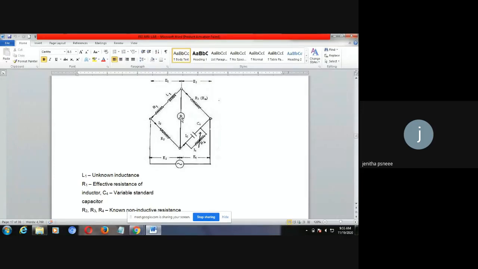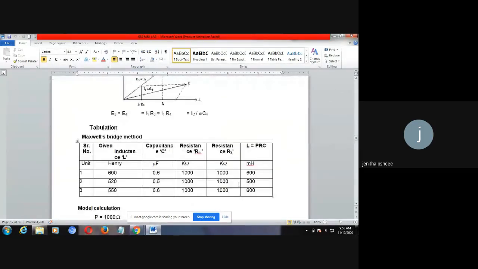If you are using headphones, initially at an unbalanced condition, the headphone will make some noise. At the time of balancing, if you know the balancing point, you find that at 600 millihenry for this particular value, the bridge will be balanced. See here the tabulation. For keeping this 0.6 capacitance, 1000 kilo ohm and 1000 kilo ohm other resistor, you will be getting the result 600 millihenry according to the formula.